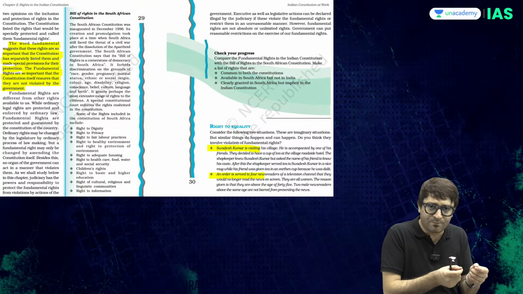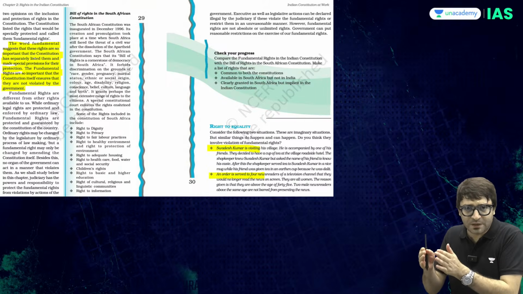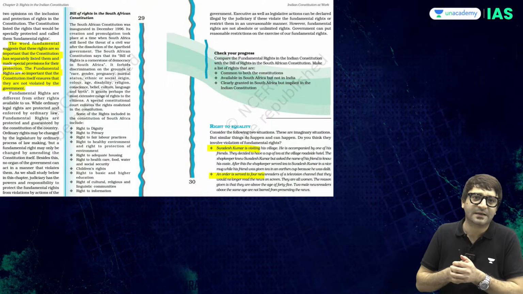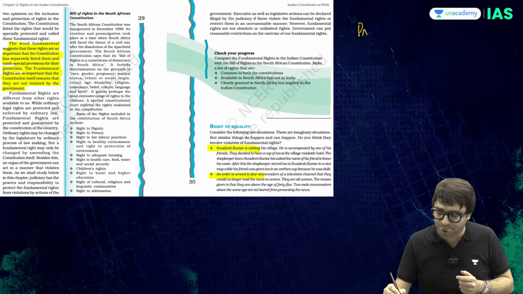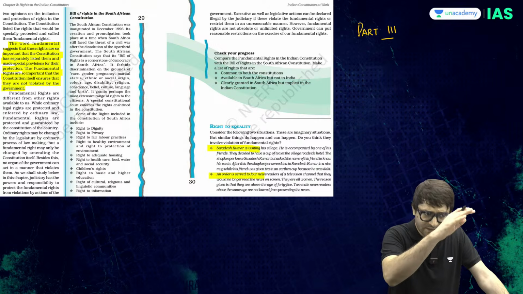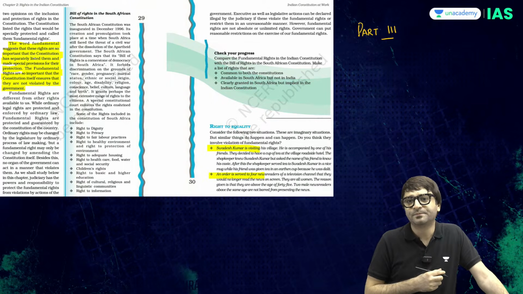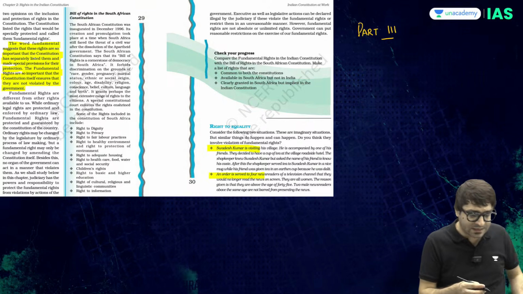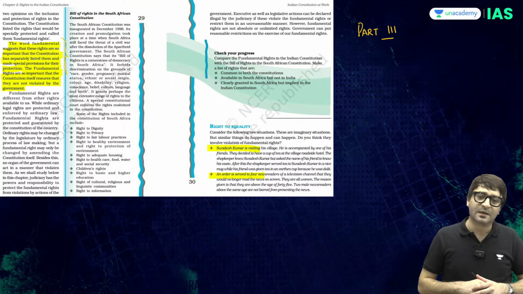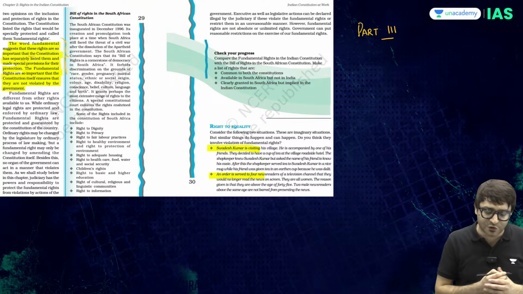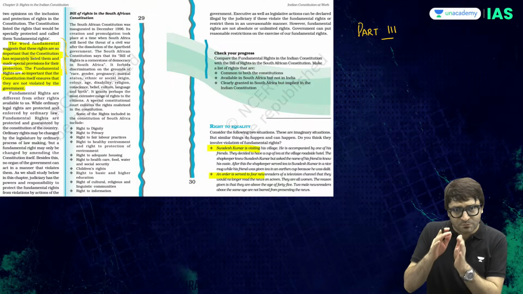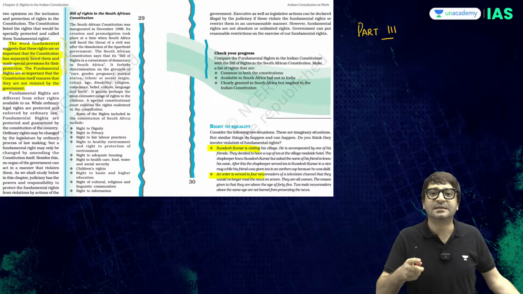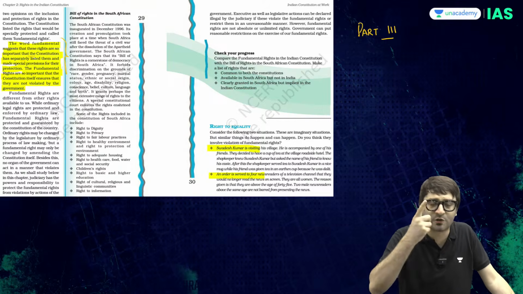If rights are so important, a prominent place should be given to these rights in the Constitution itself. And a prominent place has been given, where a separate part of the Constitution, Part 3, mentions the entire list of fundamental rights. These fundamental rights are called fundamental because they have an important place in the Constitution. The Constitution has listed them separately and made special provisions for their protection. Protection in the sense that the government cannot violate your fundamental rights.